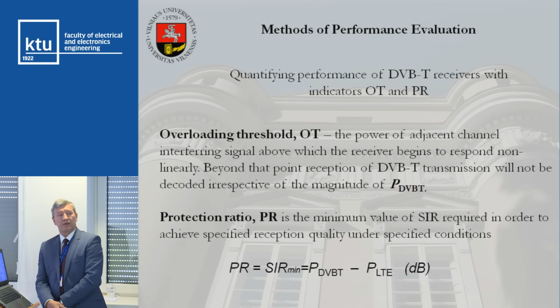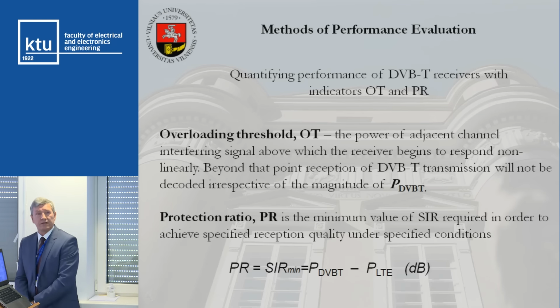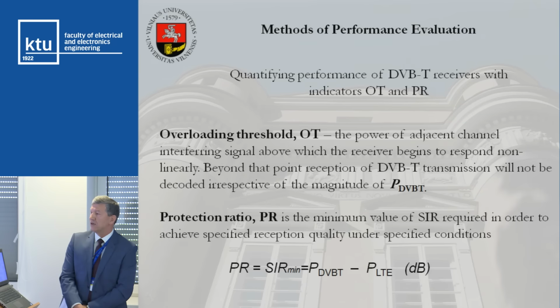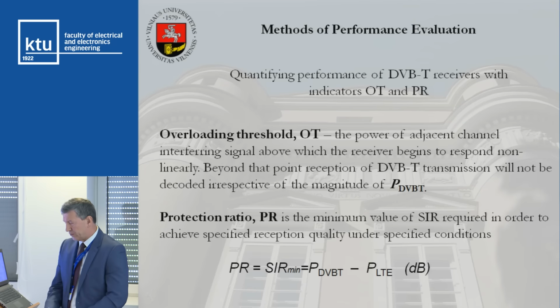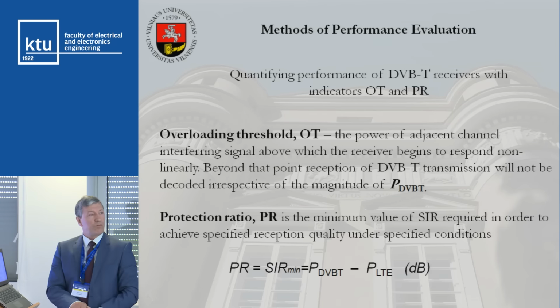DVB-T receivers were quantified using two indicators, overload threshold and protection ratio. Overloading threshold is the power of an adjacent channel interfering signal above which the receiver begins to respond non-linearly. The interfering signal overloads the receiver.